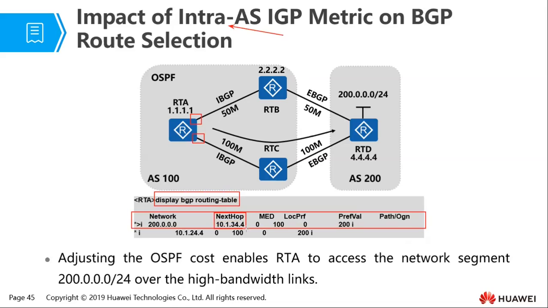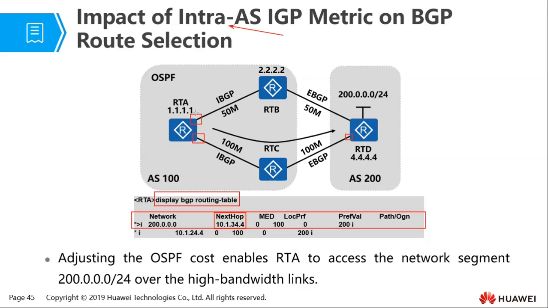We'll now have the next hop of RTC. No. The next hop actually is the interface here on RTD because it was advertised through BGP, then IGP. So the next hop is not going to change. But generally, if you do a tracert, you can see that indeed these packets now are going to pass through RTC because this one has a higher IGP cost.